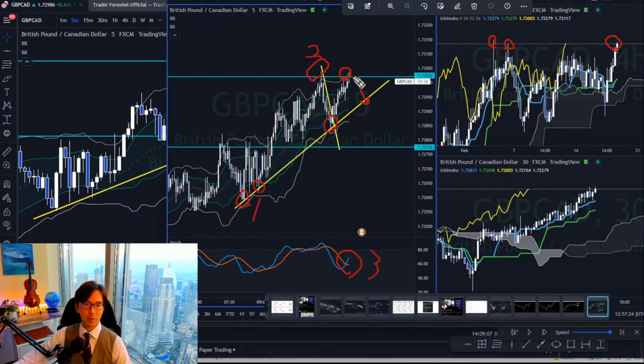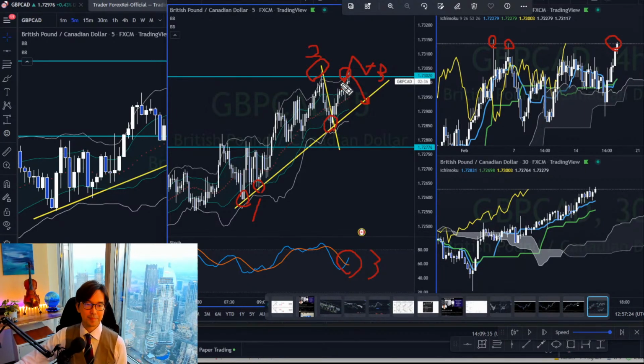The textbook says you have to wait for the breakout and wait for the pullback and buy. But I do this also, but in this case, because I already got these confirmations, I decided to enter the trade, knowing that the resistance is nearby. I took the buy, and if the market reverses backwards, then I simply exit with a very small loss.